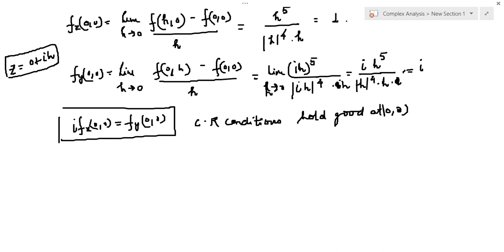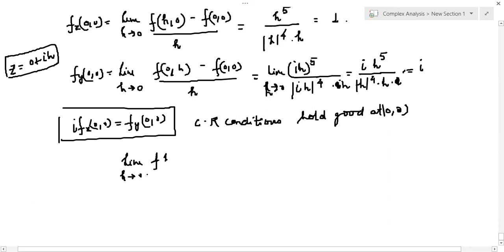Now the question arises: is the function differentiable? Had the function been differentiable, it implies what? The limit h tends to 0 of f(h) minus f(0) divided by h should exist. And what does it mean?